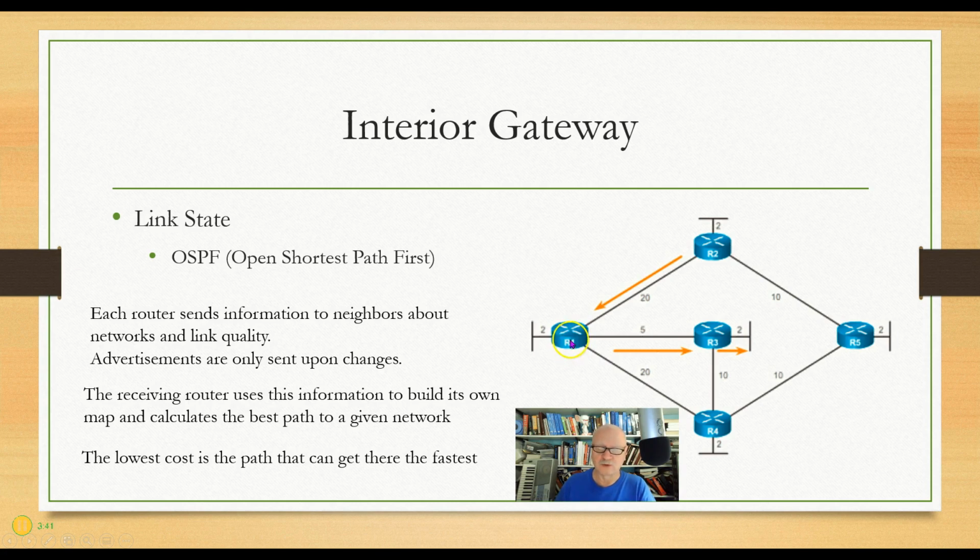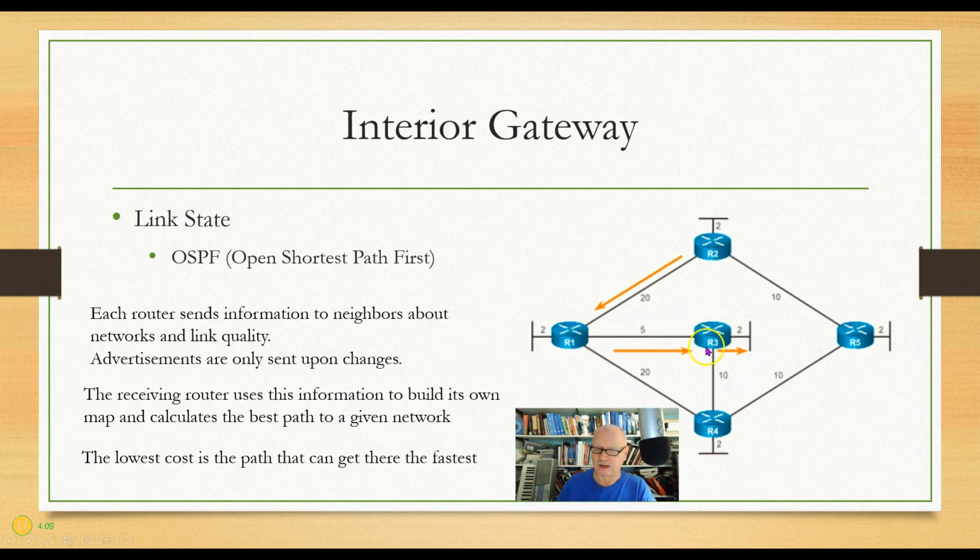Well, router 1 over here will do its own calculation and say, okay, let me see, if I want to get to this network over here off of 5, it takes me a cost of 20 plus a cost of 10 to get there this way. It takes me 20 plus 10 to get there this way. It takes me 5 plus 10 plus 10 to get there this way. That's 25. So look at this.